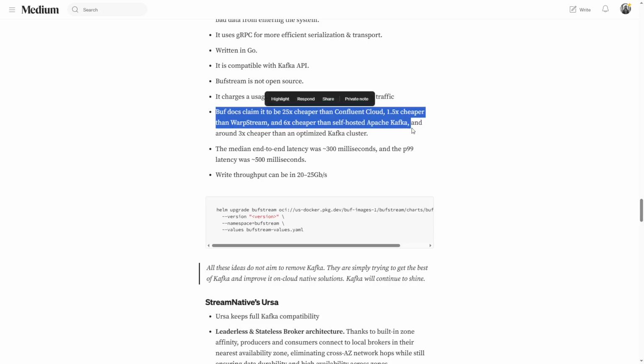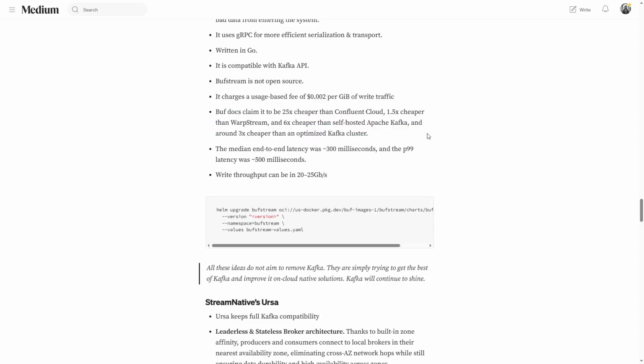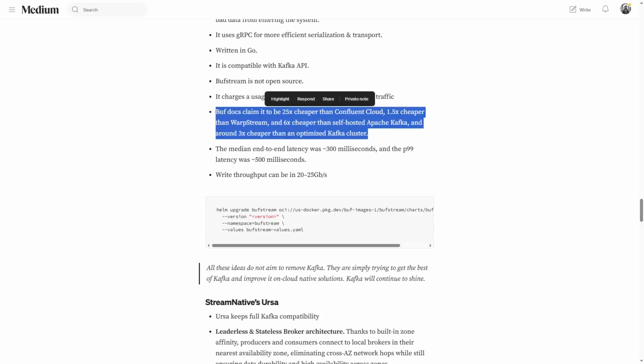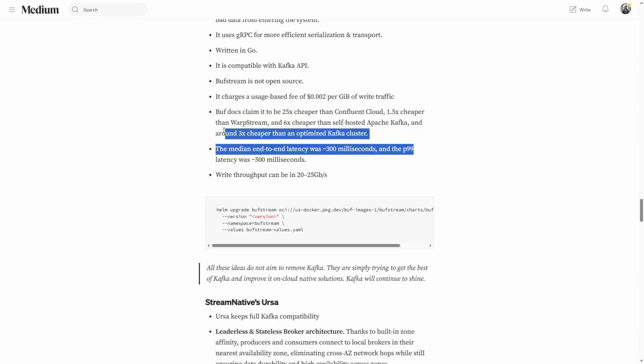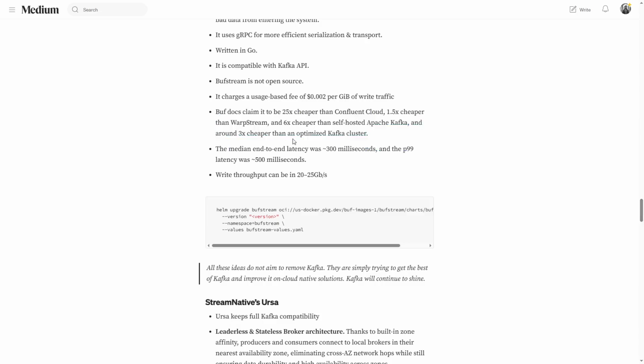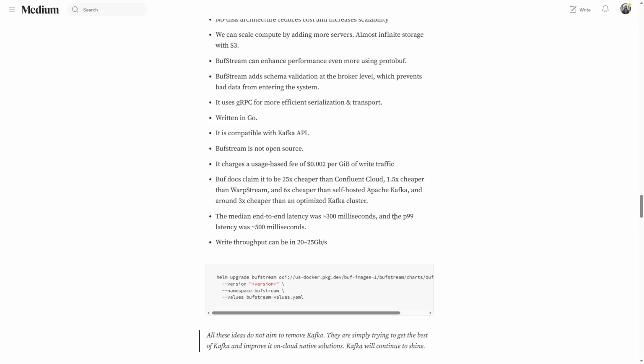Buf documentation claims that it is 25% cheaper than Confluent Cloud and 1.5 times cheaper than WarpStream. But again, each vendor has their own numbers. I don't generally prefer this, but the general idea is that because we are using object storage, we will have certain latency numbers which will not match open source Apache Kafka latency numbers, so we will have to make a trade-off with cost.